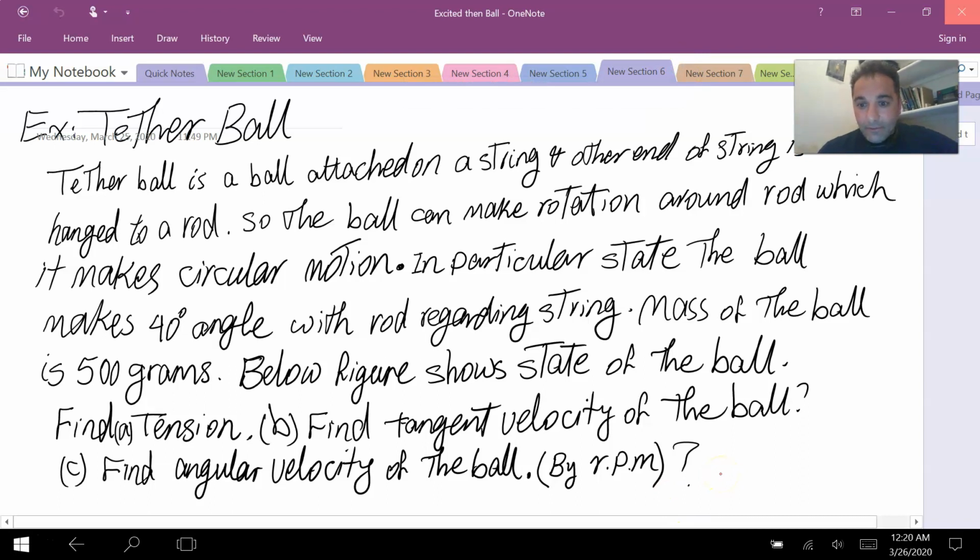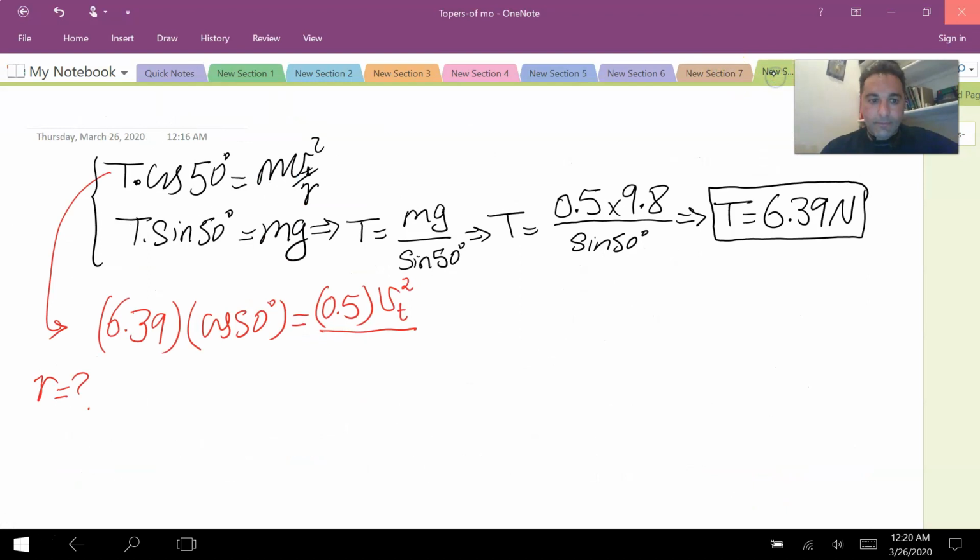Let me write here that the length of string, I didn't give you that, correct, is 1.6 meters. So what I have, watch it, I have something like this, correct?